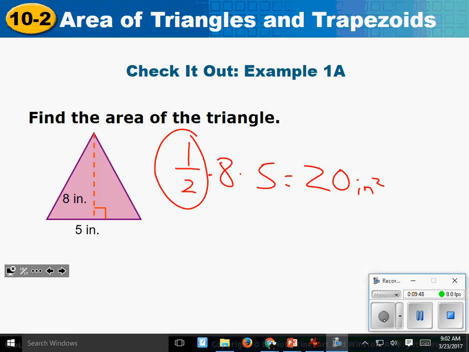And that's because of the commutative property of multiplication. It doesn't matter when you do it. You can do it before, you can do it after, you can do it to the 8, you can do it to the 5. You get the same answer. If you took 8 times 2.5, you would still end up with 20.